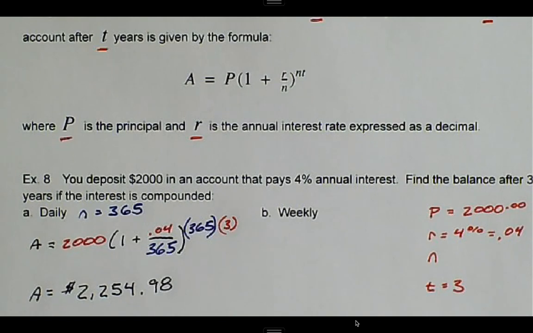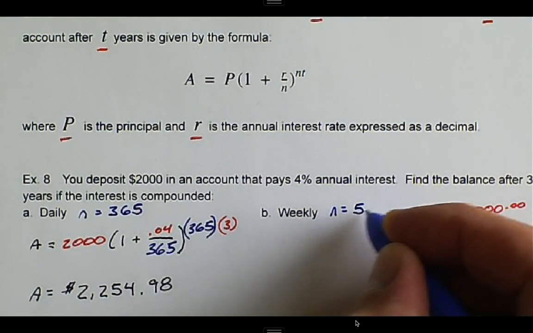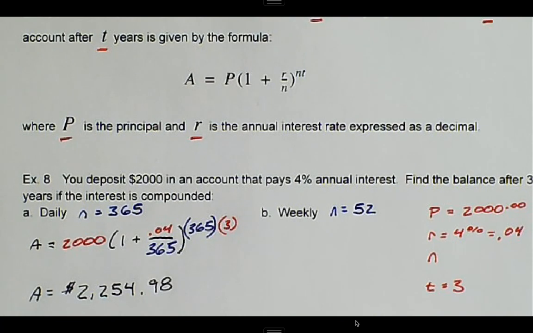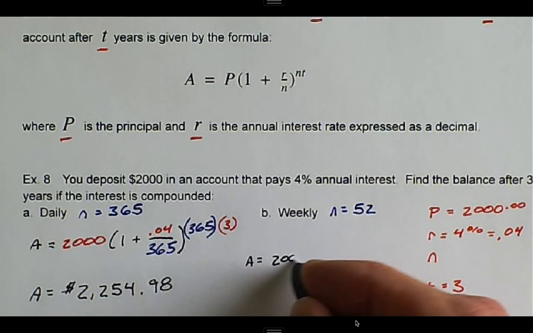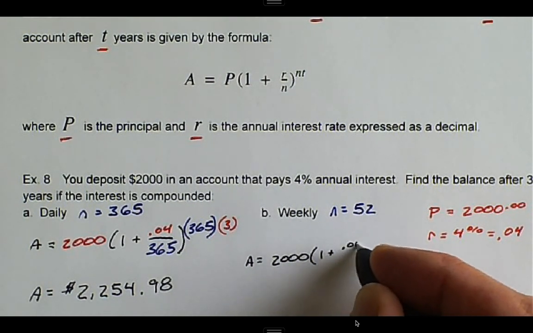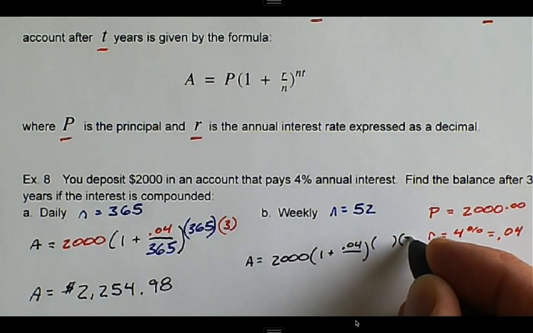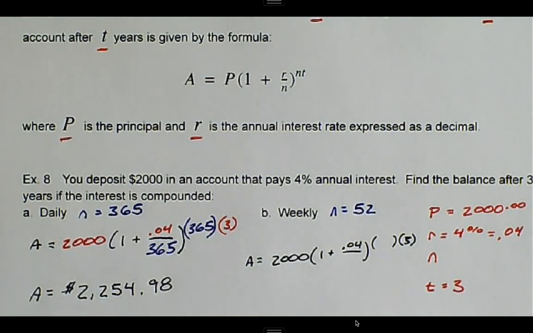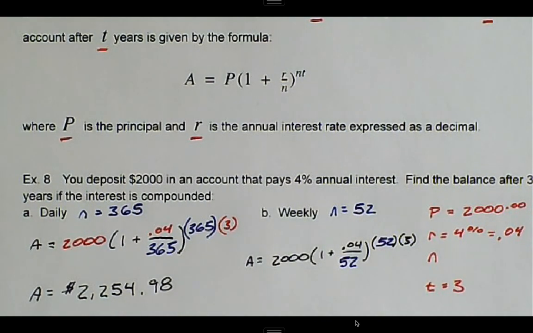Weekly, how does that change? In that case, everything stays the same, except N is going to change to 52 because there are 52 weeks in 1 year. So A is equal to 2,000 times 1 plus 0.04 divided by 52, times 3, and 52 goes into those 2 places.